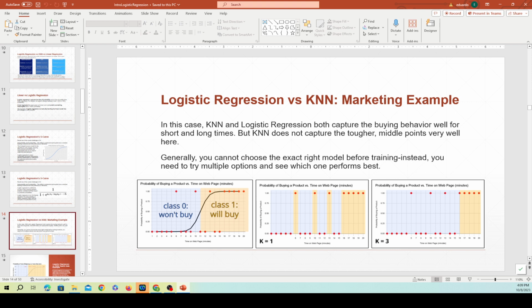It's like whoever you have mostly around you, depending on the size of your K, that's who you're going to represent. So in this case, it doesn't really capture the middle ones, the ones that are really close to both classifications, really well as the other one.